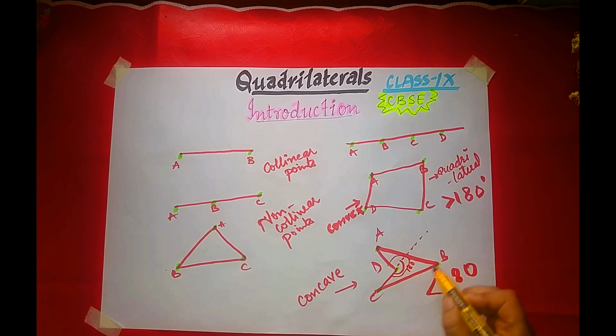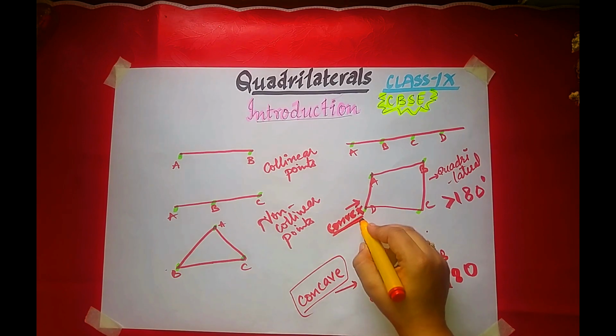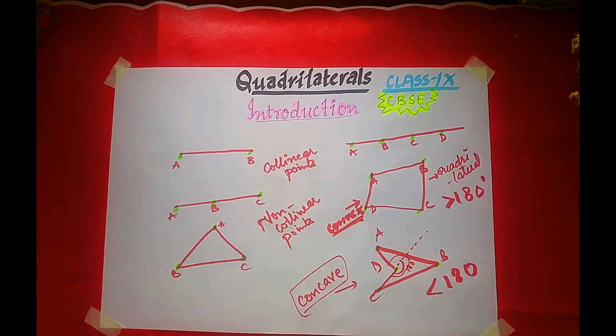So one of the angles in quadrilateral ABCD is more than 180 degrees, so this is called a concave quadrilateral. You need not worry about the concave quadrilateral for now because it is not in our syllabus. We are just concerned with the convex quadrilateral. So this is all about the introduction part, and we will learn the different types of quadrilaterals.